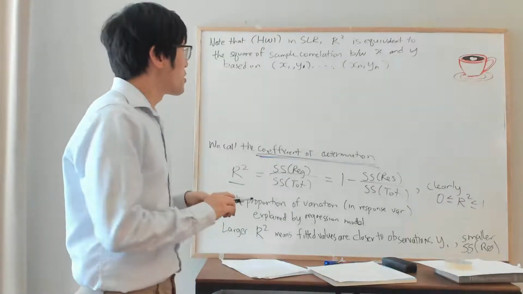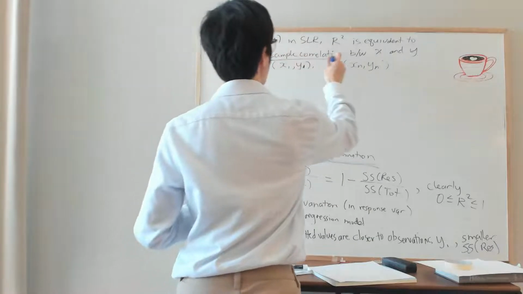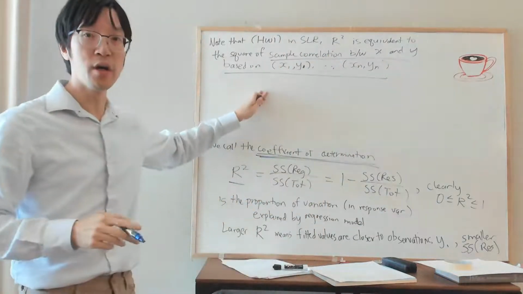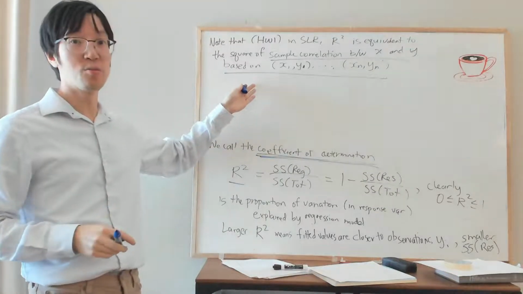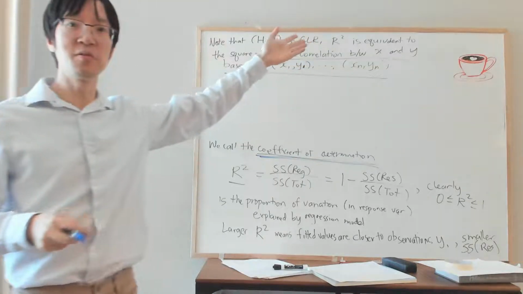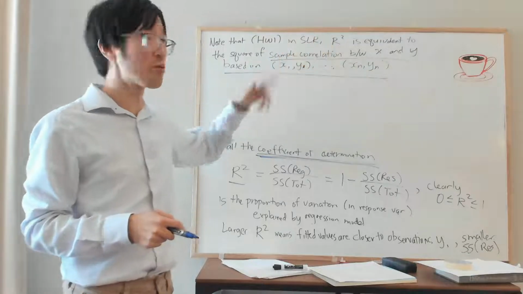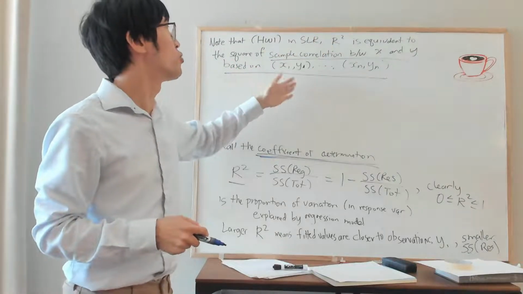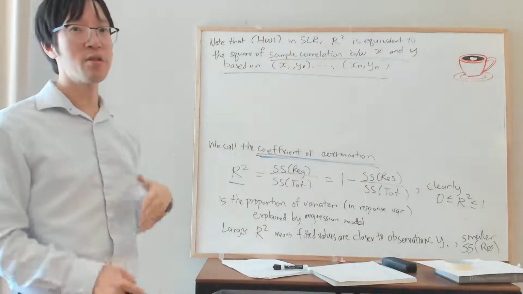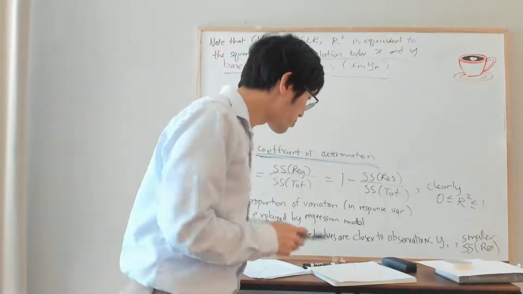When we introduced sample correlation, we denoted it by lowercase r. So capital R squared is the generalization of that. Of course, in the multiple linear regression case it's not a measure of sample correlation between two variables, but you can see that it has a parallel sort of interpretation.